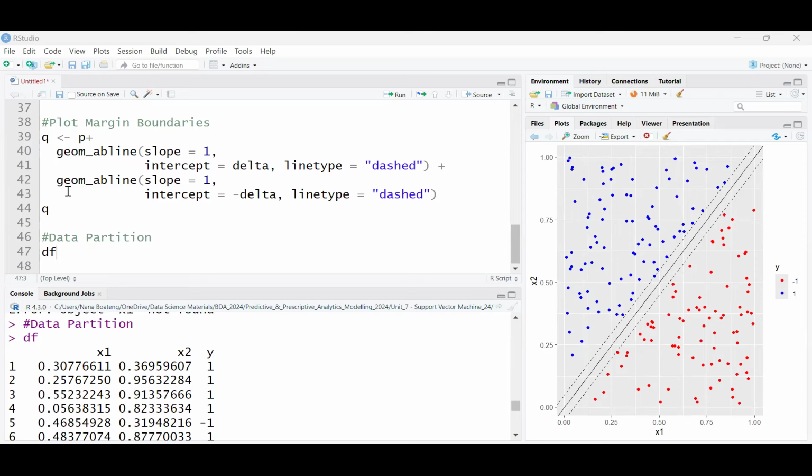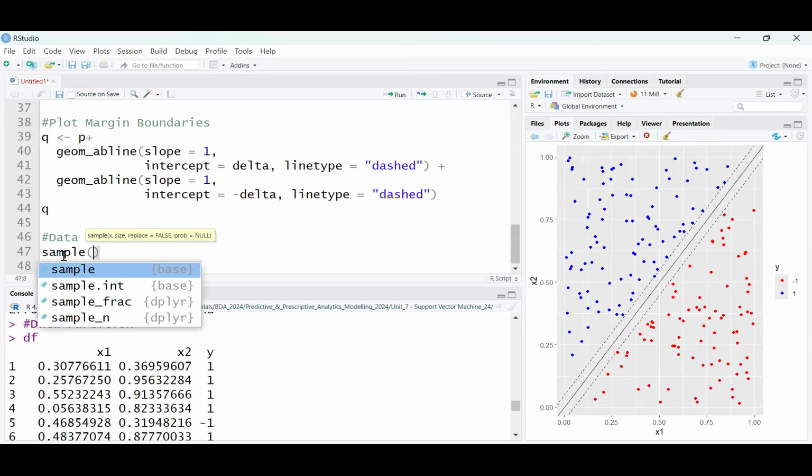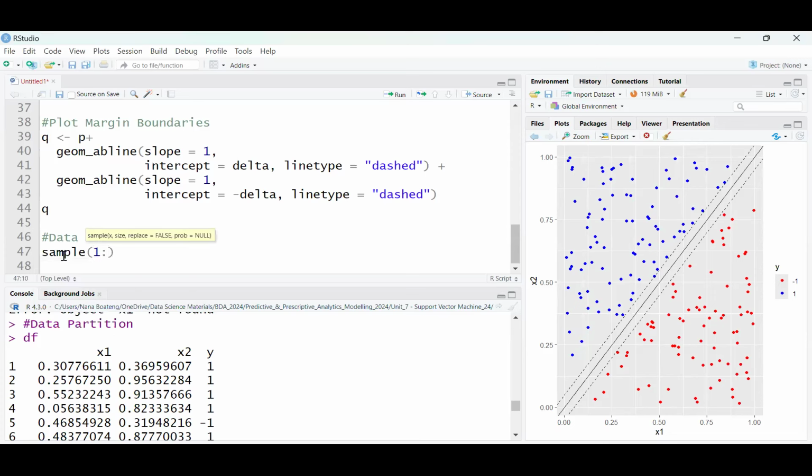We can just use a sample function. We take all our rows, 1 to the number of rows for the DF1 data set.